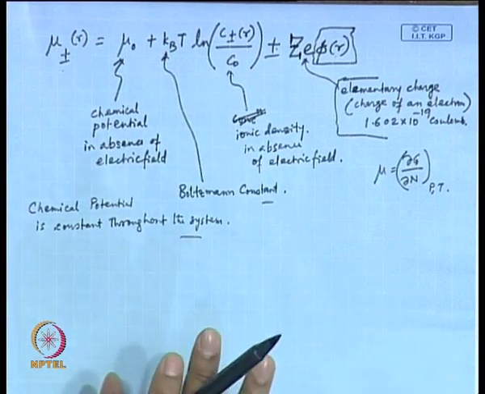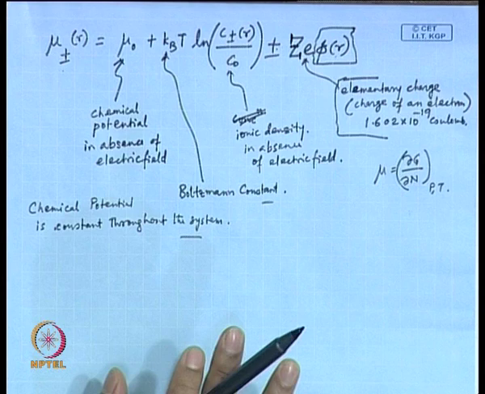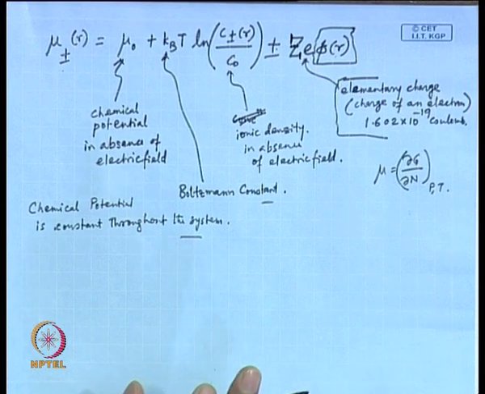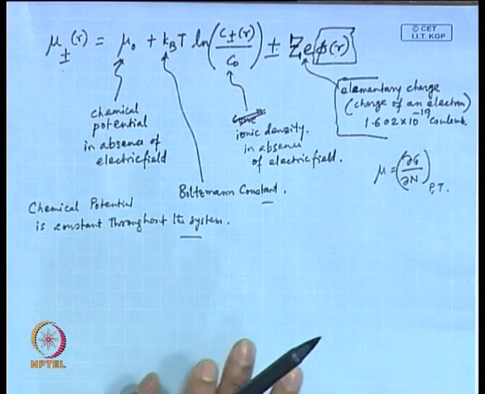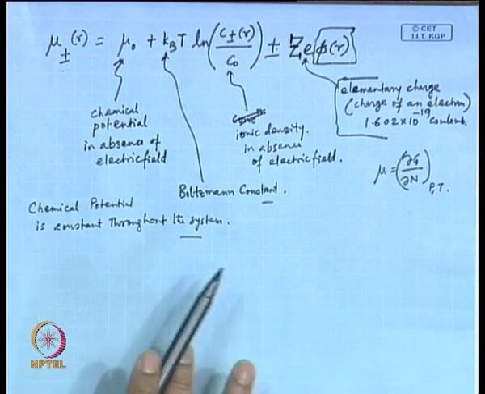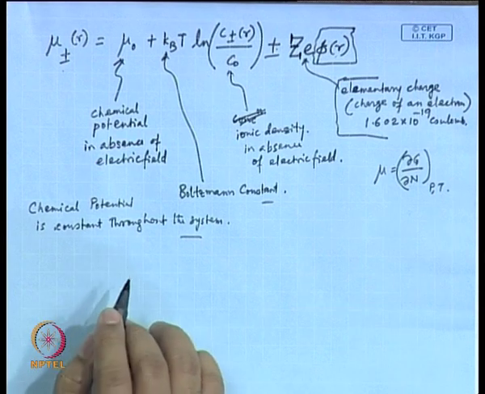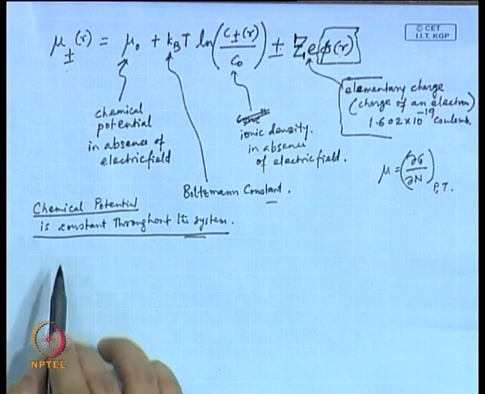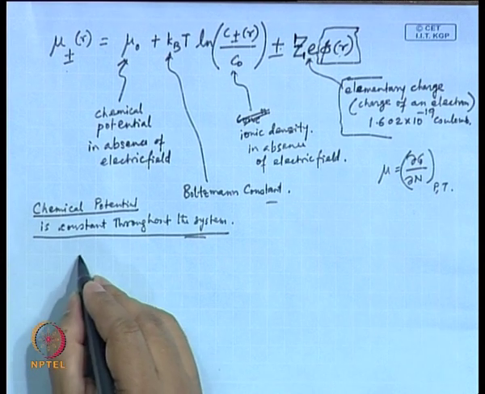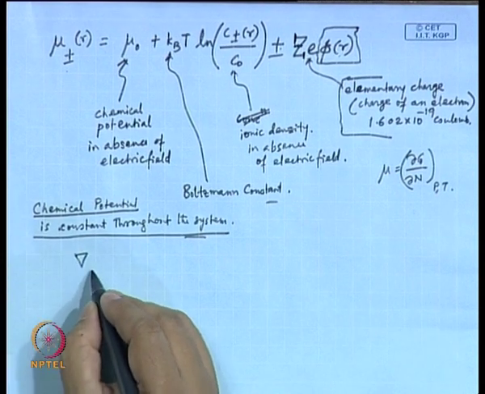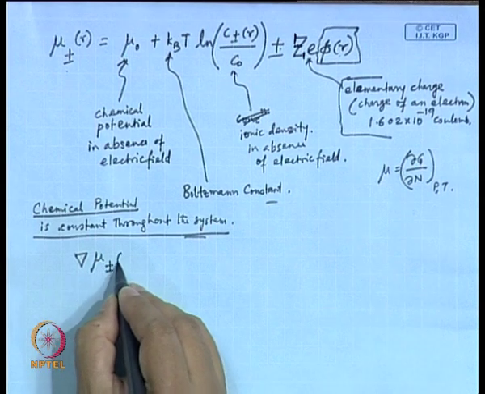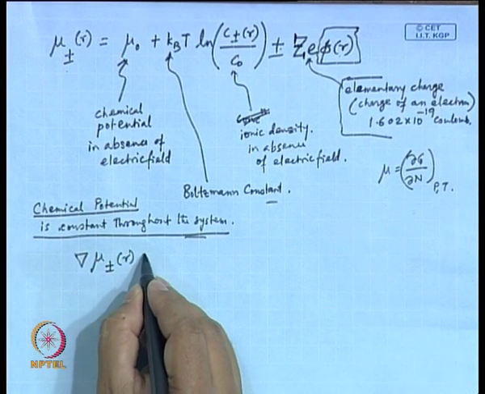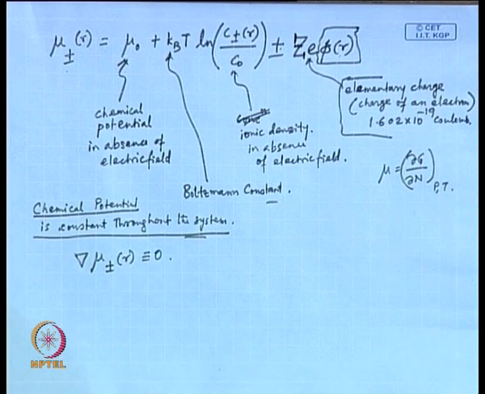So, this is basically the guiding expression for the ionic or charge profile above the surface. Now, since I said that chemical potential is constant throughout the system, this you have to honor. So, what you have to write is delta of mu plus minus R has to be equal to 0.